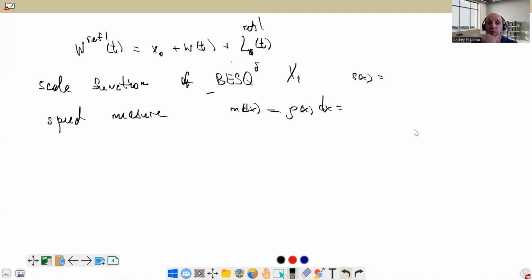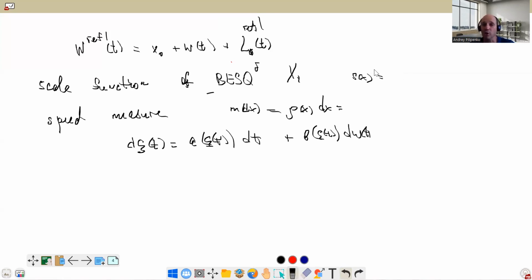So in the general case, if you have an SDE of the form a of psi of t dt plus b of psi of t dw of t, then the so-called scale function is any function such that its derivative is equal to exponent of minus 2 integral.